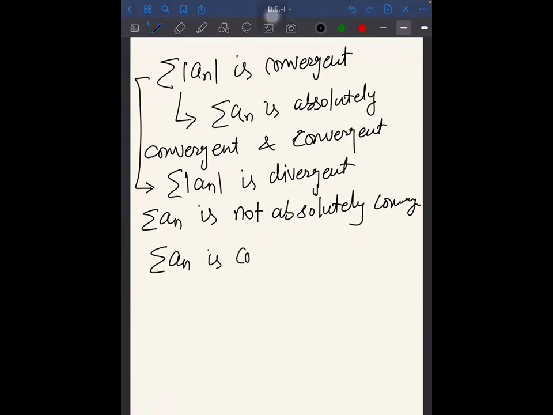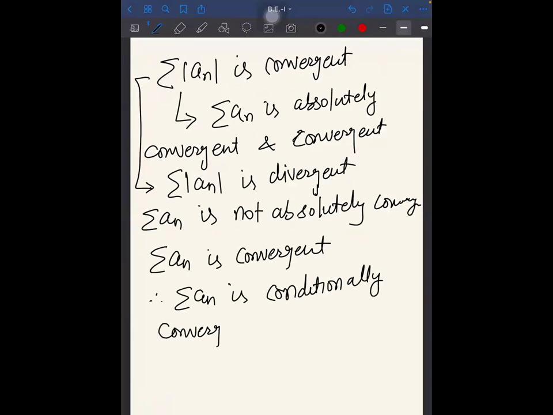Then summation a n is conditionally convergent. और ये भी हो सकता है, summation a n may come out to be divergent. हो सकता है divergent ही आ जाए, है ना?